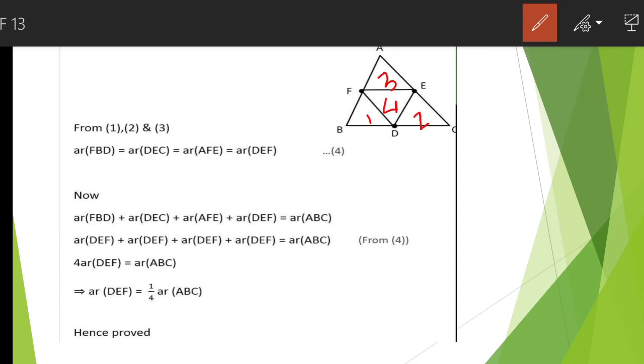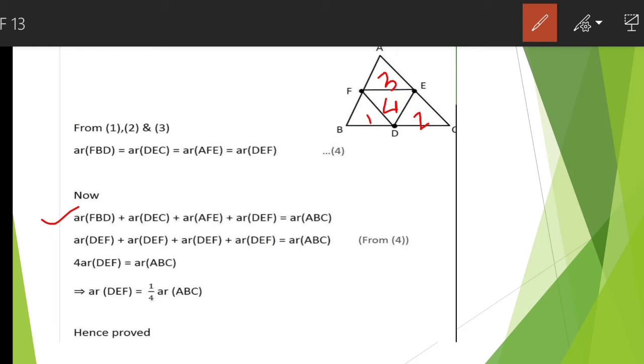Now we add them up. Adding the four small triangles we get the full triangle ABC. Area of FBD, area of DEC, area of AFE and area of DEF is equal to ABC.